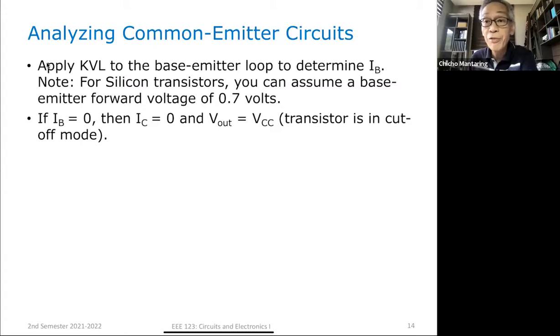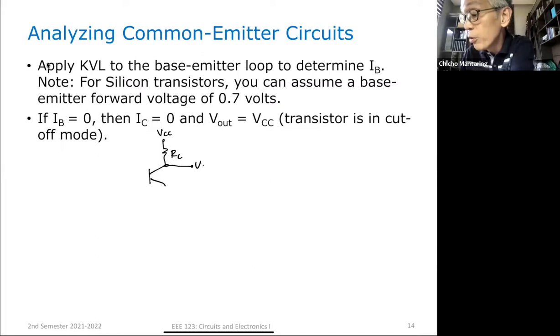If it is cut off, then there is no voltage drop across any resistance connected to your collector. So, for example, I have a resistor here, RC. So this is VCC.